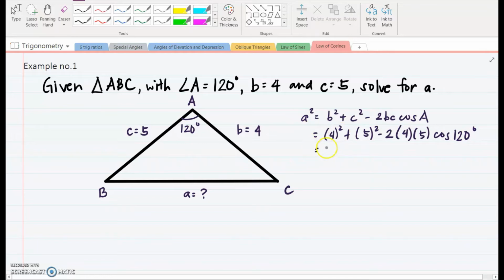So we have 4 squared, so that's 16, plus 25, minus 2 times 4 times 5, that is 40, and the cosine of 120 is negative 0.5. So you have 16 plus 25, so that will be 41.